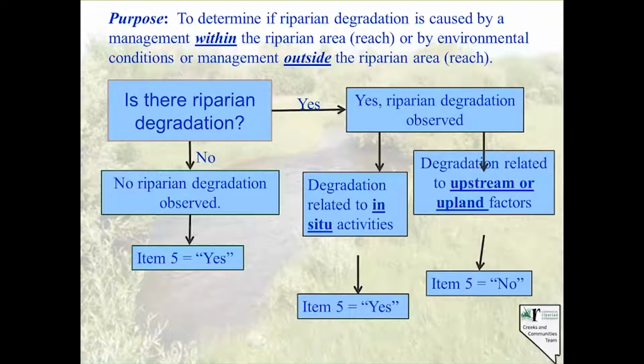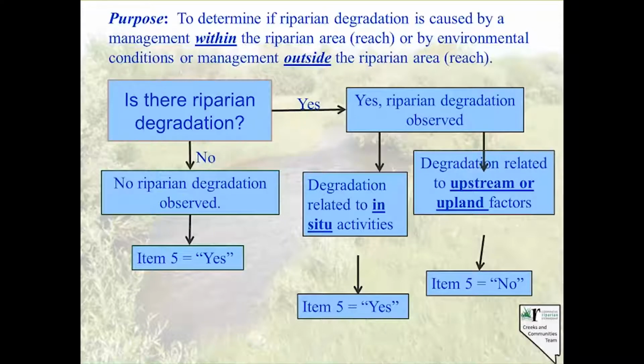So then on the opposite side, if we ask, is there degradation, and we say yes, then we still need to qualify it and say, okay, for the degradation that we're seeing in the reach that we're assessing, is that degradation coming from within our reach? Are we seeing erosional features, or is it a lack of vegetation or something that's occurring within the site that we're assessing?